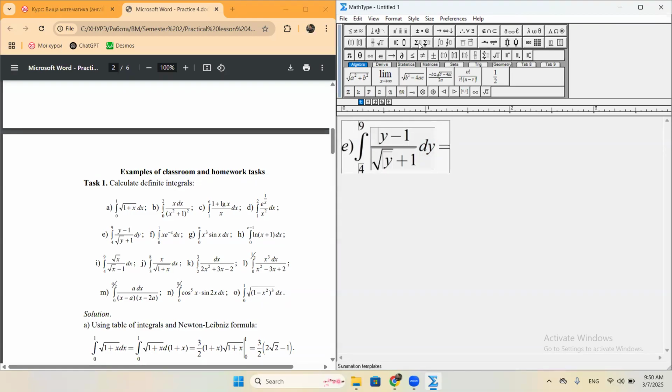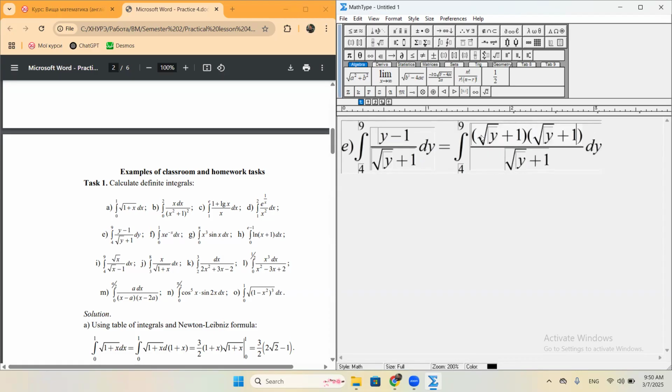Now I suggest using the formula of the difference of squares and simplifying it a little bit. So we can cancel the square root of y plus 1. While we remove brackets, we actually need them.